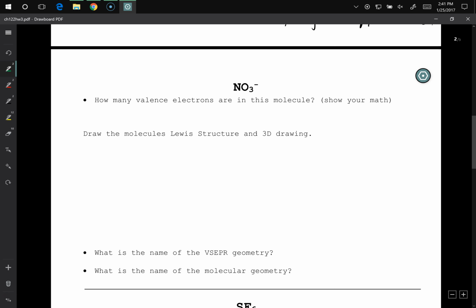So I've got myself some, what's this polyatomic ion? Nitrate. All right, so valence, how many electrons am I dealing with? 5 for the nitrogen, plus 6 times 3 for the oxygen, plus 1 for the extra. So we've got 24. Okay.